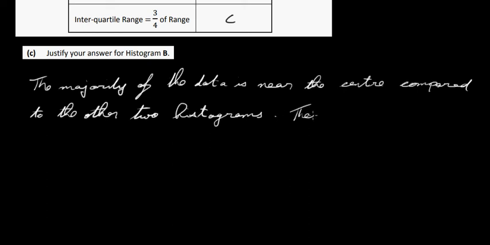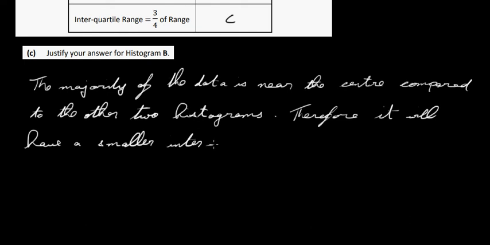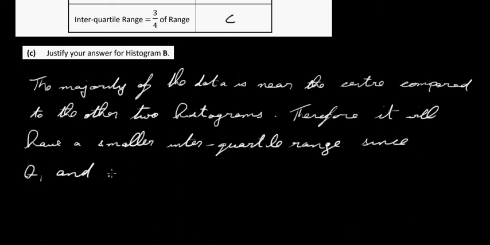So therefore, it will have a smaller interquartile range, since Q1, the lower quartile, and Q3, the upper quartile, are closer together.